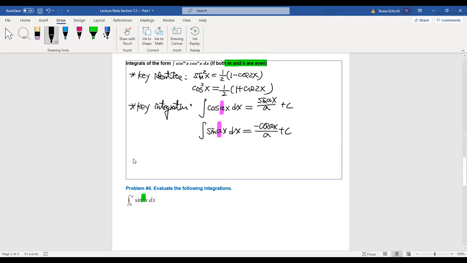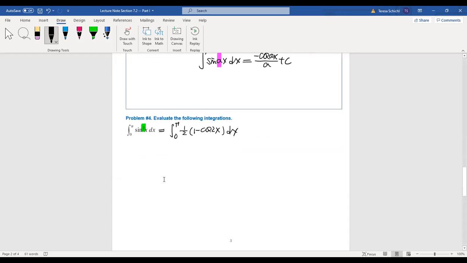Okay, so the sine squared here will be pretty easy. This is from 0 to pi. For sine squared, I just use 1/2 times 1 minus cosine 2x dx. Now I put the 1/2 out, so this is 1/2 integral from 0 to pi of 1 minus cosine 2x dx.